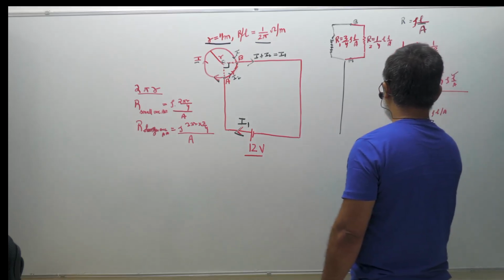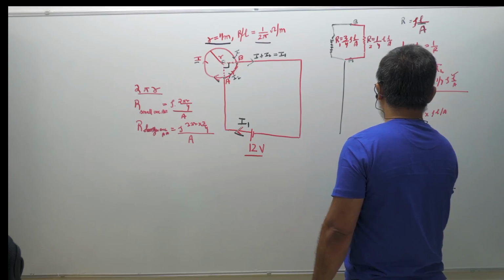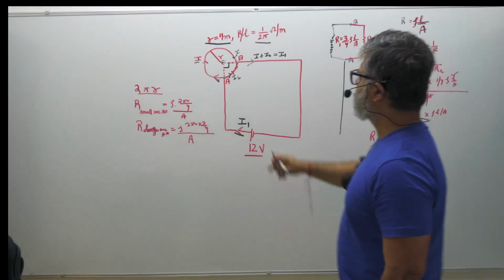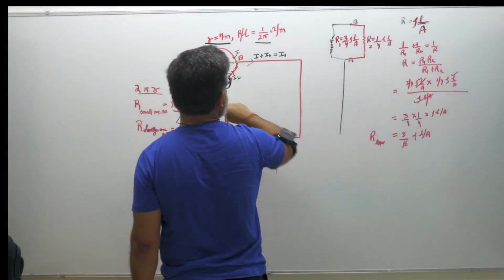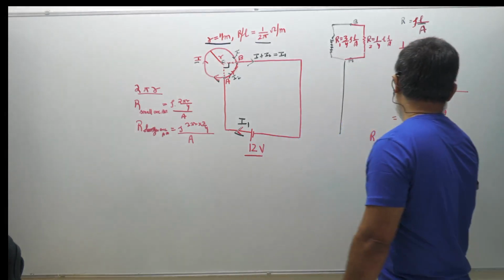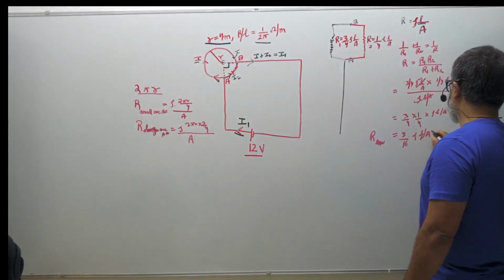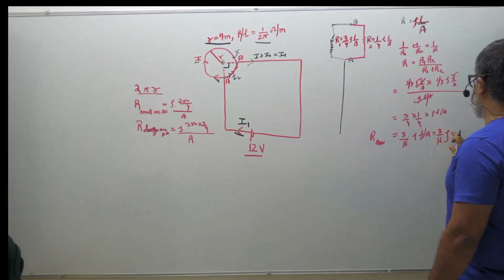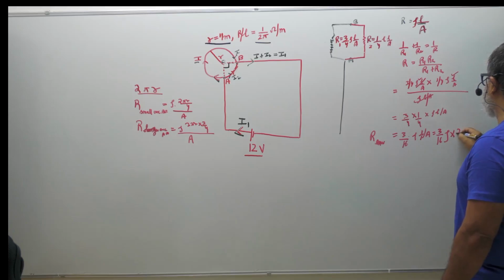This is the equivalent resistance of the total wire, right? What is the length of this total wire? That is L, right? So 3 by 16 rho, the resistivity, multiplied by the length 2 pi r, which is 4.